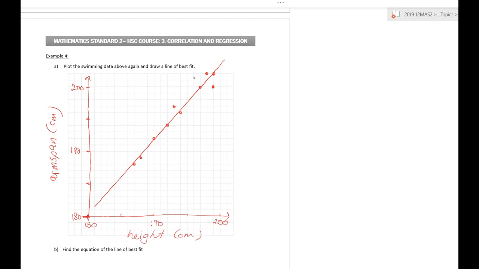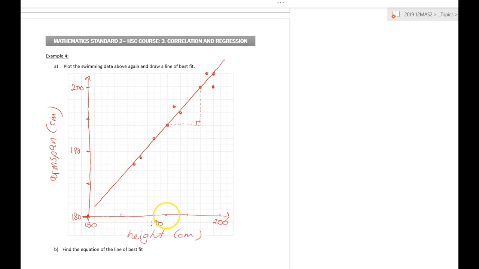But to find the equation of this line, what I'm best to do is to choose 2 points, ideally fairly far apart, but also ones that you can read nicely, that represent this data fairly well. So I'm going to use these 2 points here, because they seem to fall smack bang on the line. I need to find the gradient and the y-intercept.